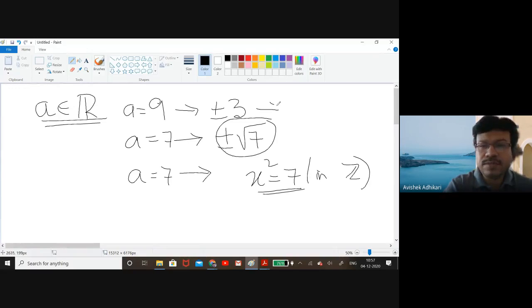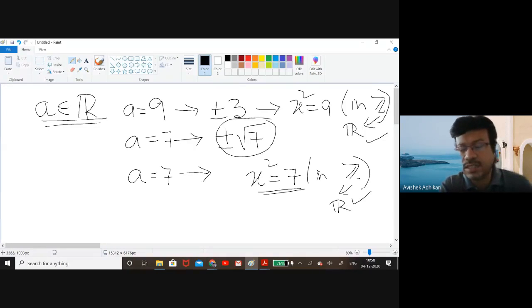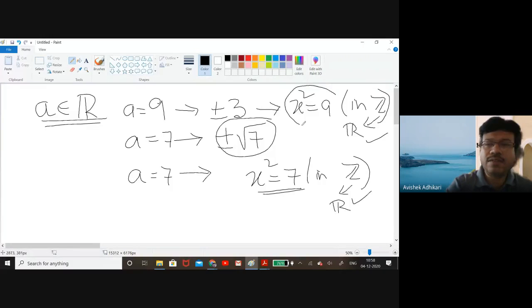A similar question I could ask here also, whether this equation has a solution in Z. If instead of Z we have R here, then both questions will have the same answer, yes. But if I replace R by Z, then sometimes your answer will be yes and sometimes no. For example, here you will have yes, integer solutions, that is plus minus 3.